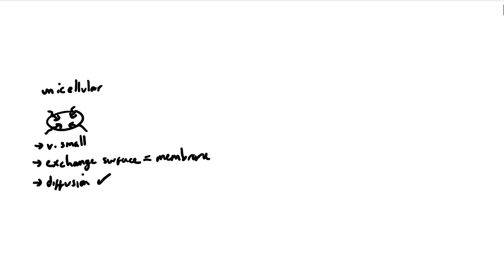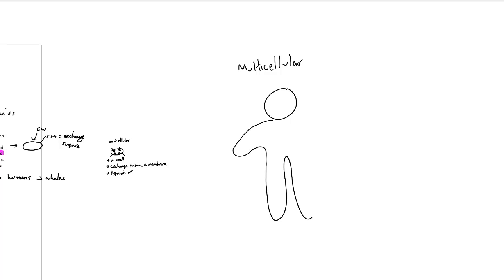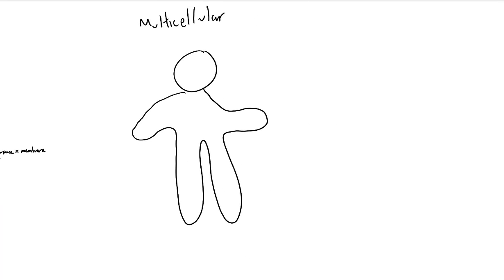But by the time we get to multicellular organisms, like for example a person, right? Here's their issue. Nice person. So their issue is that they're too big. So diffusion is only effective over a very short distance.